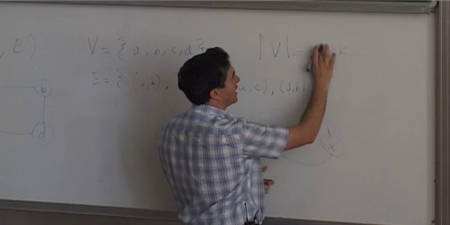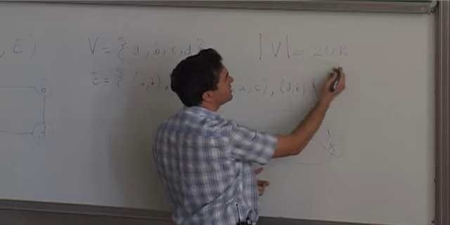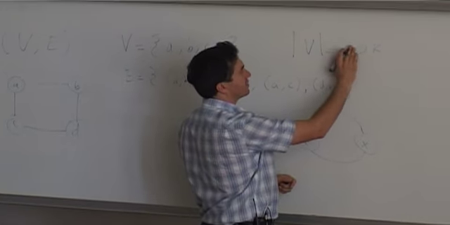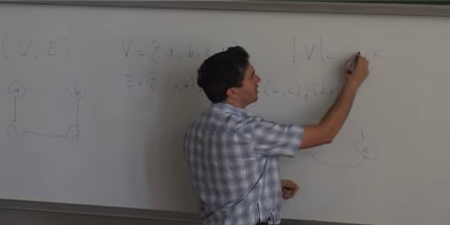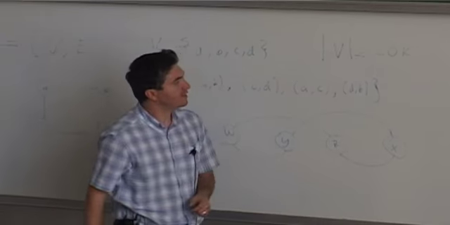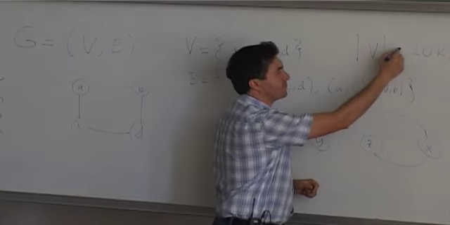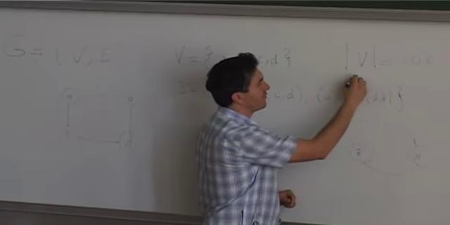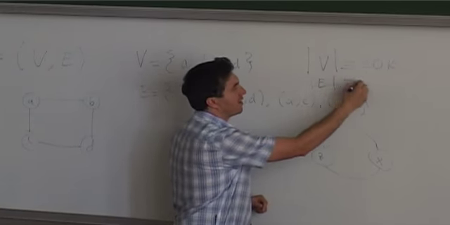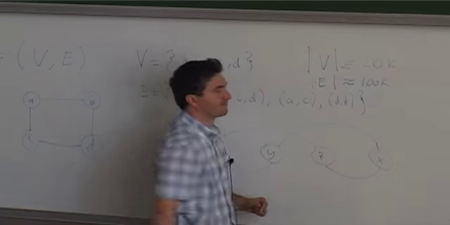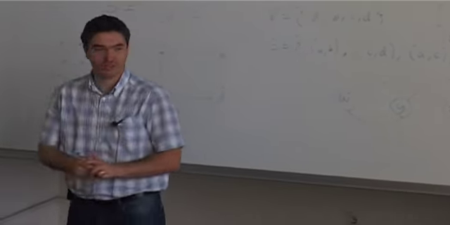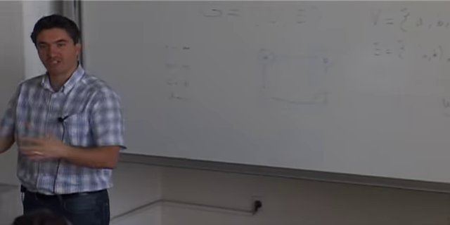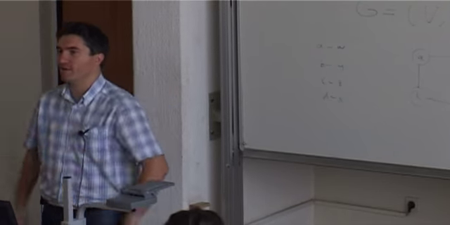For example, a yeast network is close to 20K. A human network has something similar to 20,000 nodes, and the number of edges is somewhere around 100,000. So just imagine these sets containing thousands of nodes, and the edge set containing hundreds of thousands of edges.